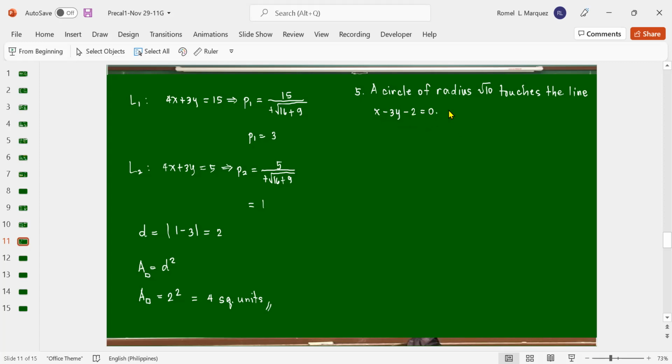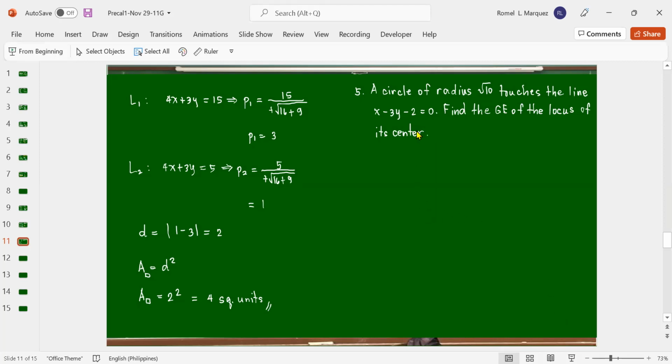Find the general equation of the locus, meaning the path of its center. Okay?